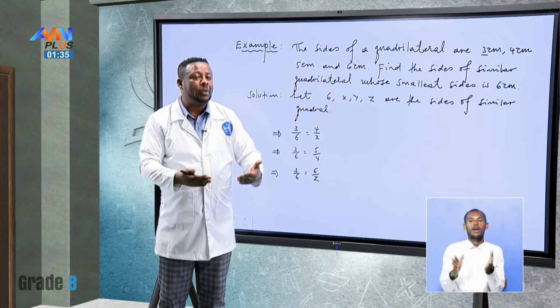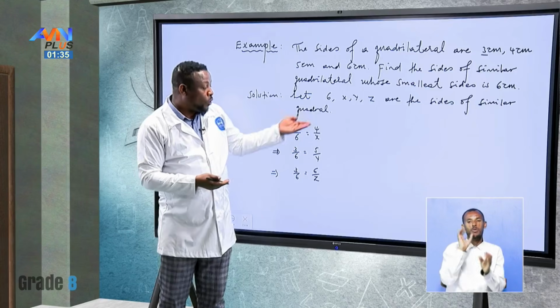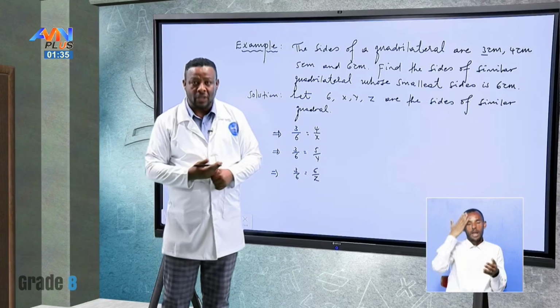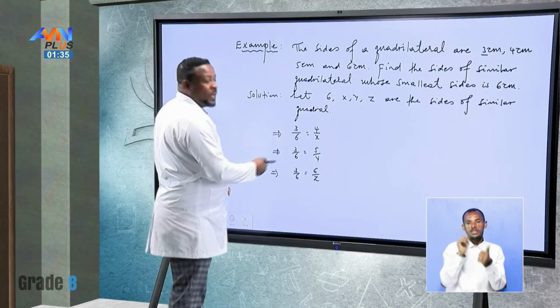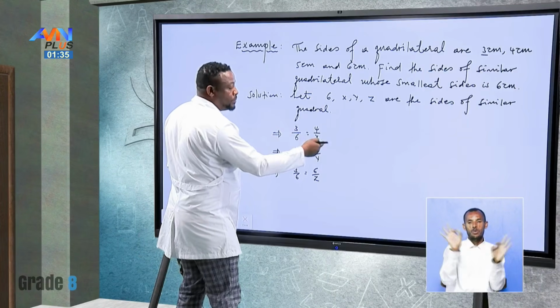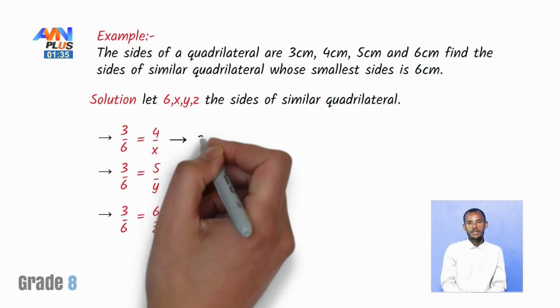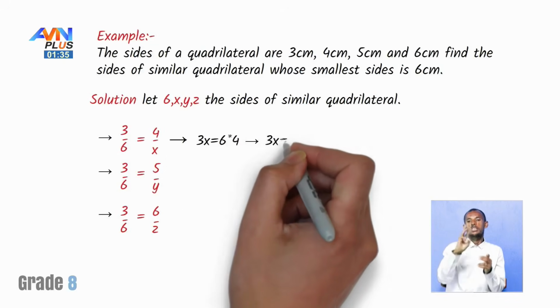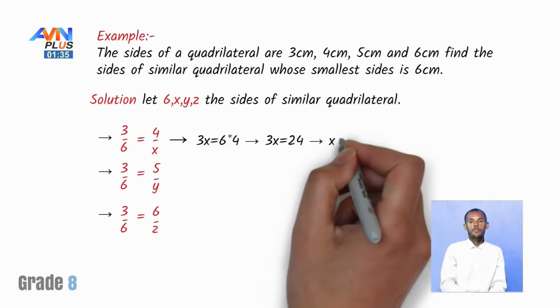So the next step is you need to calculate all these equations and obtain the unknown variables. Okay, take the first one. From the first one, you can crisscross it. 3 times x must be the same as 6 times 4.